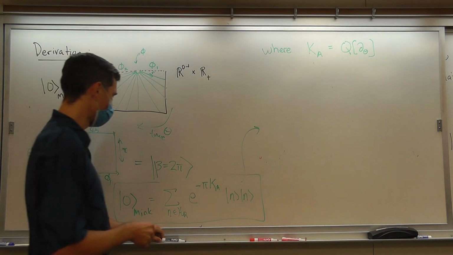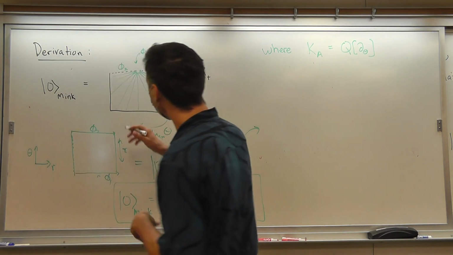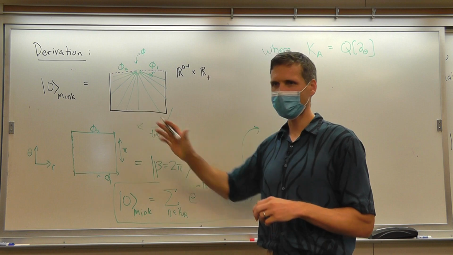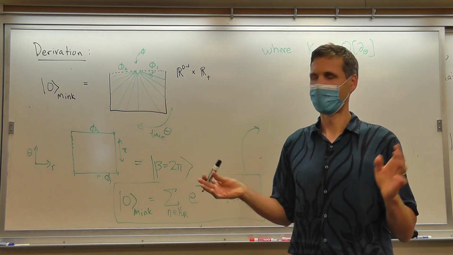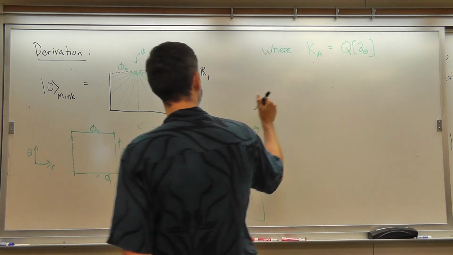What I mean is, when I draw it as a state, it's a little abstract. So let me write it as an equation with numbers.